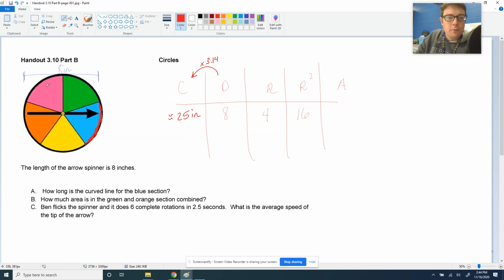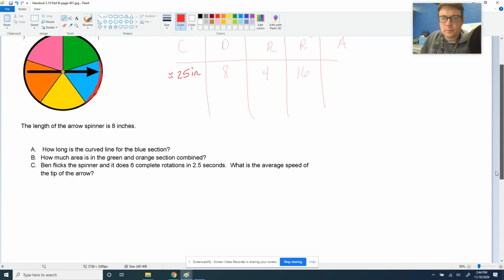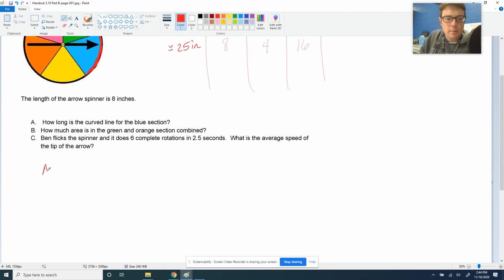So we know that the full curve is 25, but we only want a fraction of that curve. Now, what fraction does it want? Well, count how many colors there are. 1, 2, 3, 4, 5. There's 5 colors around it. So for part A, and I'll work it out down here, part A is really just 1/5 of the circumference.